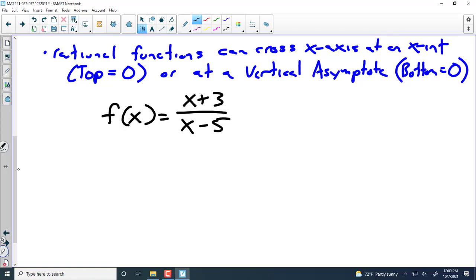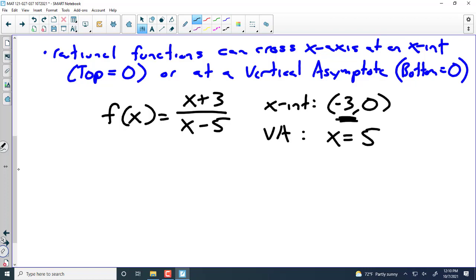So the x-intercept is at (-3, 0). What's important to me is the -3. Where does it have a vertical asymptote? At 5, the value that makes it undefined. So it has a vertical asymptote at x equals 5. Those are the only two places this graph, whatever it might look like, can possibly get across the x-axis and change whether it's positive or negative.